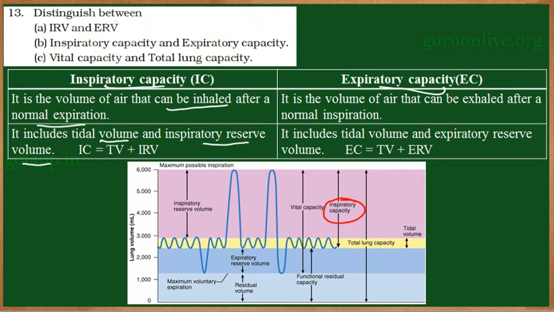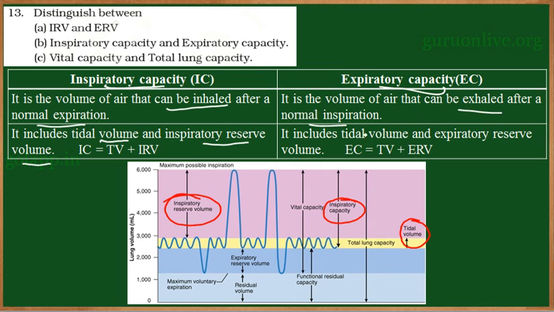So IC is given by the formula: tidal volume plus inspiratory reserve volume. When we add these two, we get the inspiratory capacity. Now expiratory capacity is the volume of air that can be exhaled after normal inspiration.